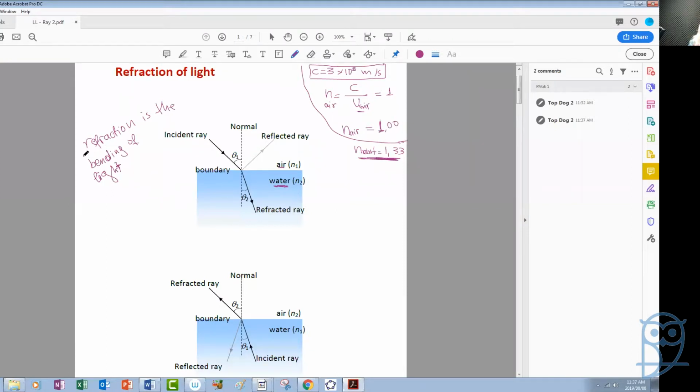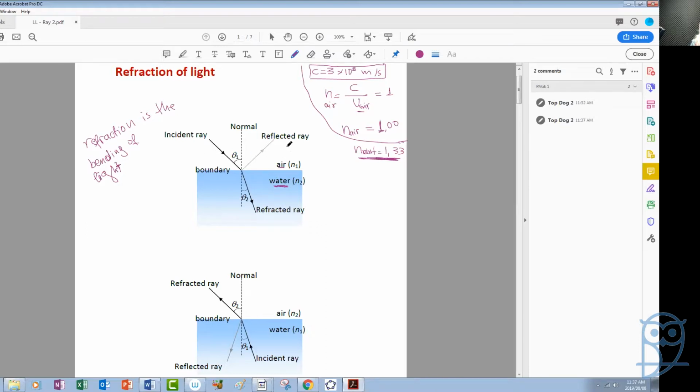All right, so let's go back to our problem here. Whether the incident ray, once it meets the boundary and bends, bends away from or towards the normal depends on how the indices of refraction of the two media compare.